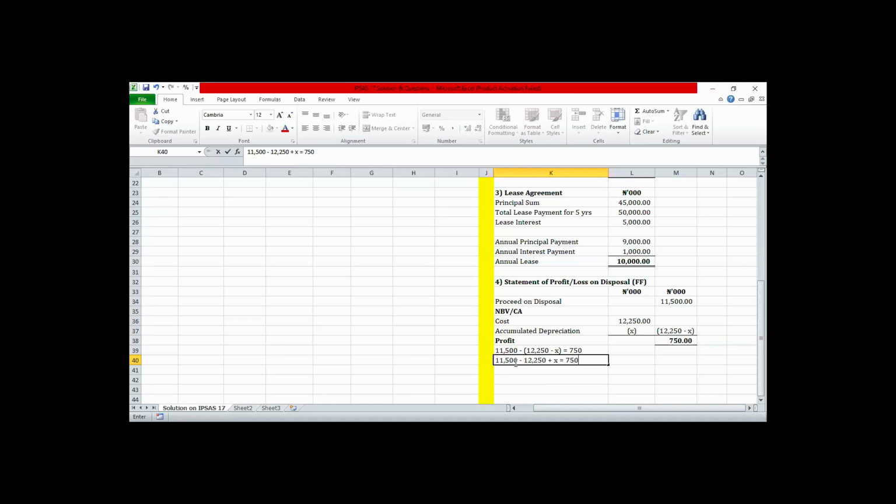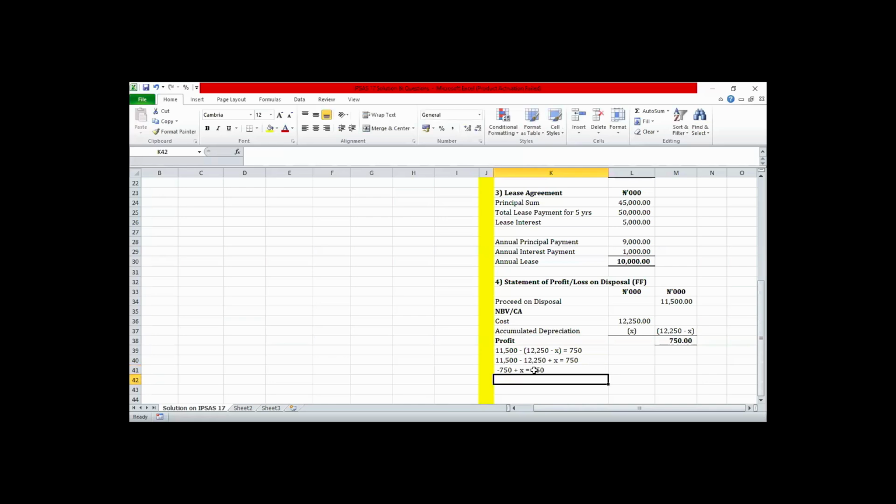Now, 11,500 minus 12,250, what do we have there? It's minus 750. Minus 750 plus X equals 750. What do we do from here? Collect the next one. Minus 750 plus X equals 750.